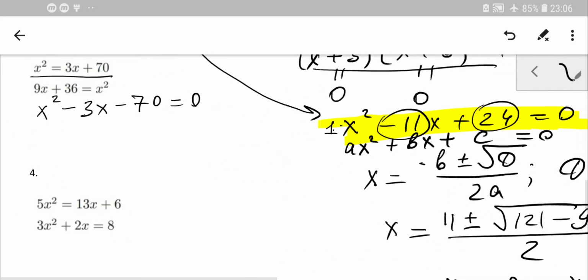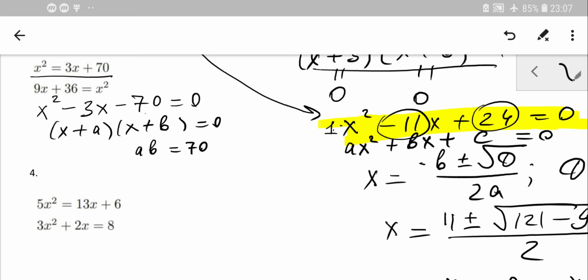So what can we do here? Let's analyze. Normally, if we use the previous method, we need to get (x plus a)(x plus b) equals 0, and the product should be negative 70, so ab should give you negative 70, and the sum of the coefficients should give you negative 3.